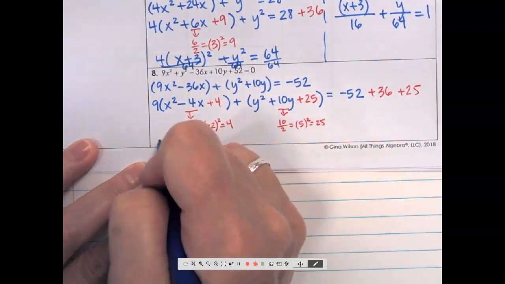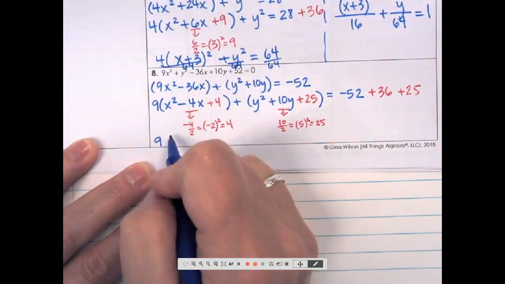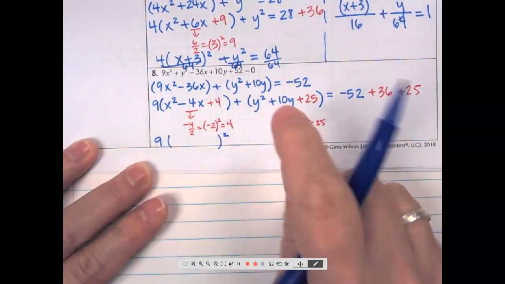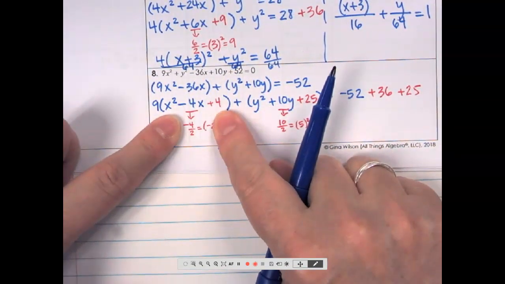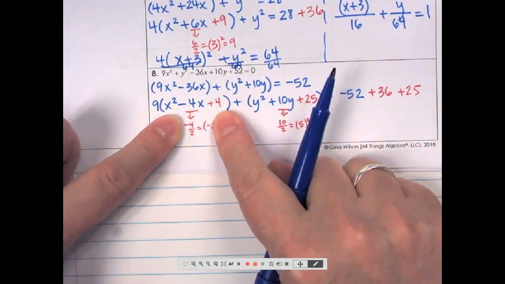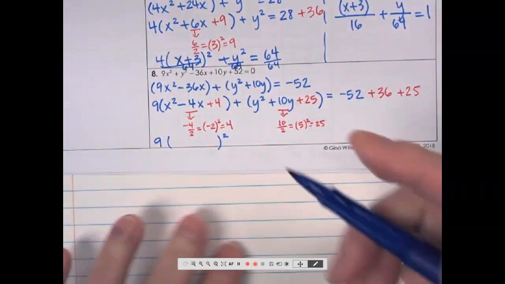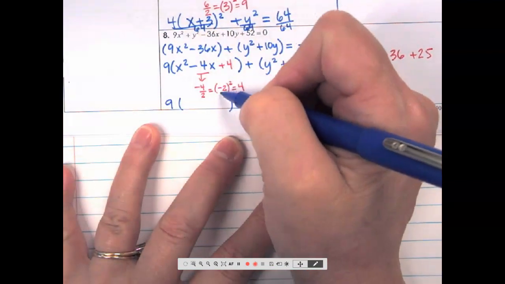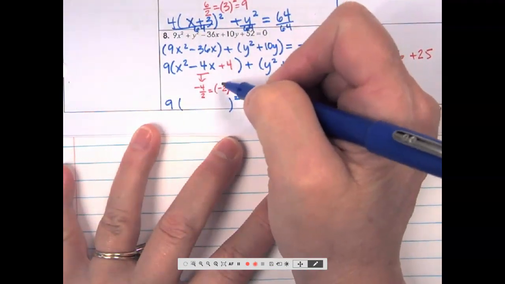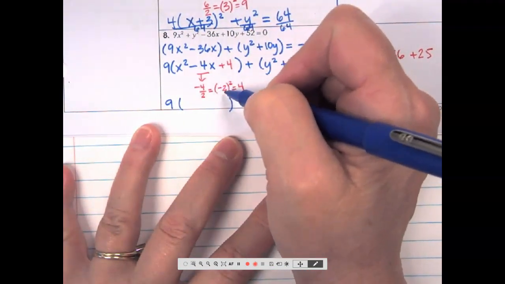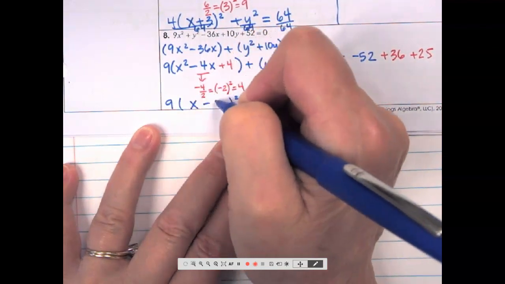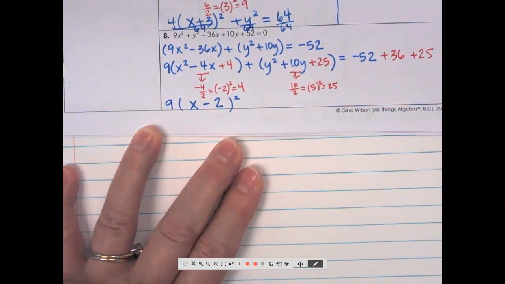Okie dokie, I have a 9. Can you tell me what the factors would be here? X minus 2. So if you remember yesterday, I said whatever you squared here, that's what's going to go in your factor. I squared a negative 2, so I need a negative 2 in the parentheses.